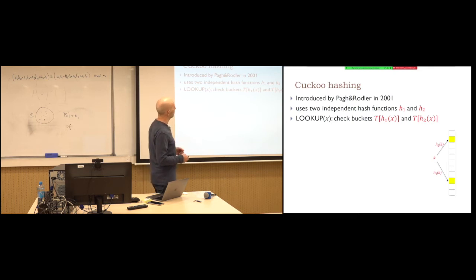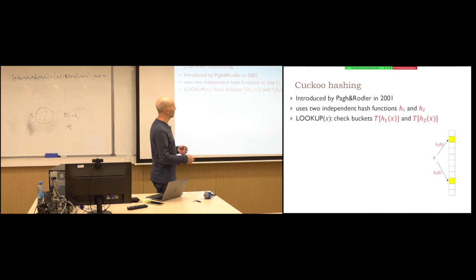What is a problem is to insert, because it may happen that we want to insert a key and both locations are occupied. So what do we do? We do what the cuckoo bird does with its eggs: it kicks out the egg of another bird and places its egg in the nest. This is why it's called Cuckoo Hashing.